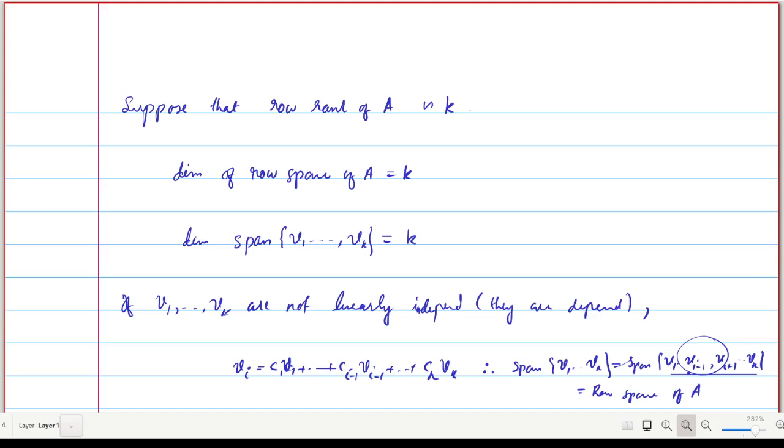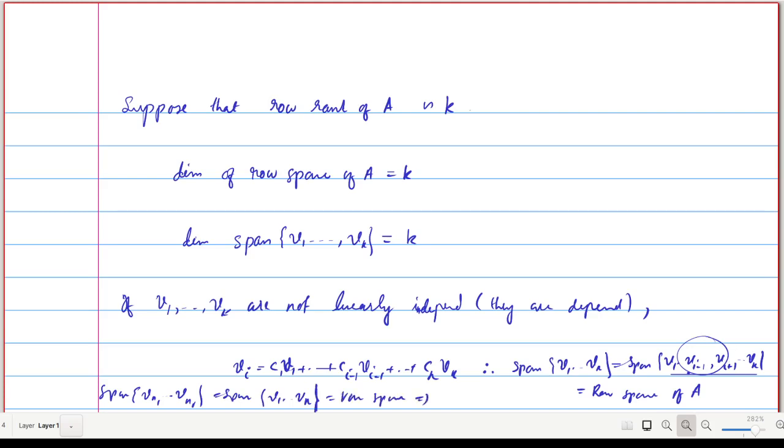If one of them is again a linear combination of the others, you can remove that vector and get another spanning set for the same row space of A. That reduces the dimension by 2. If you continue this procedure, you get a set v_n1, ..., v_nr whose span is the same as the span of v1, v2, ..., vk, which is the row space.